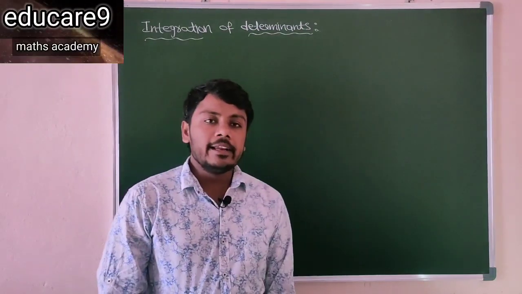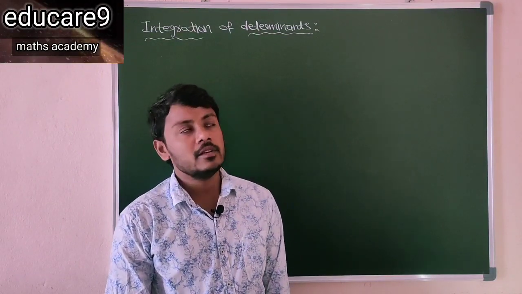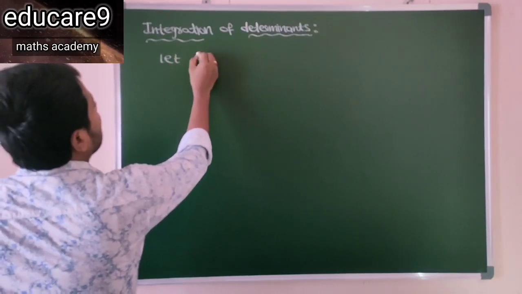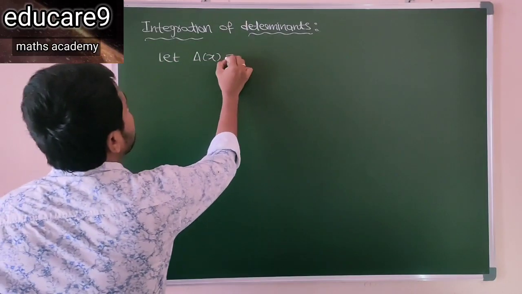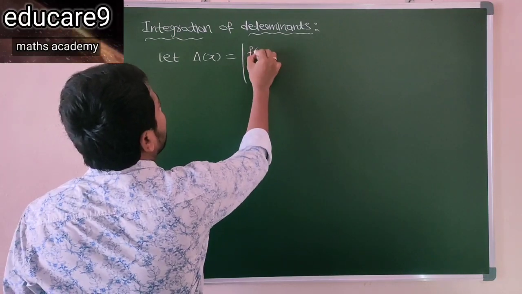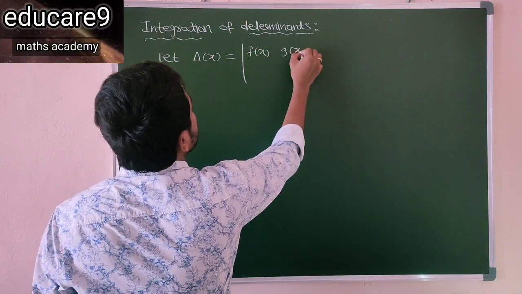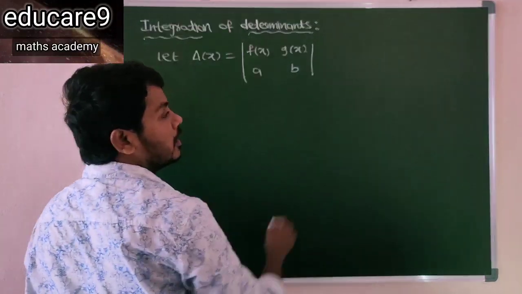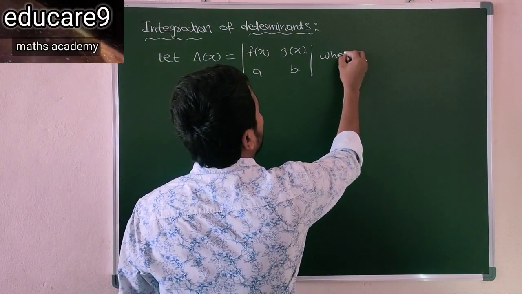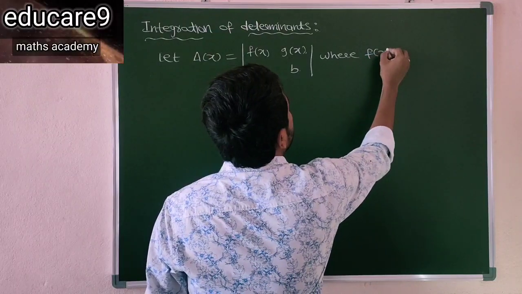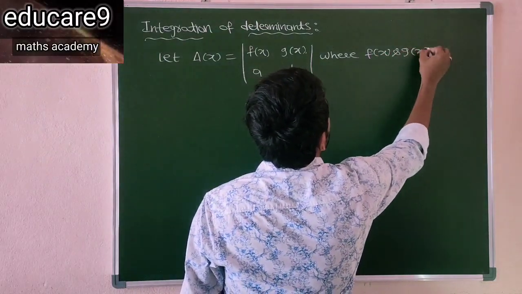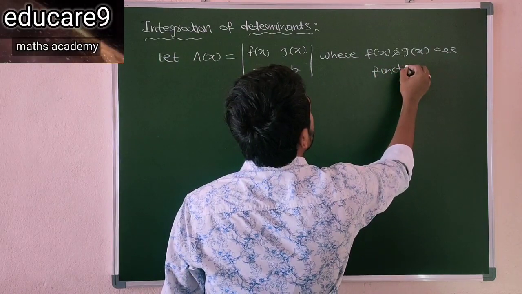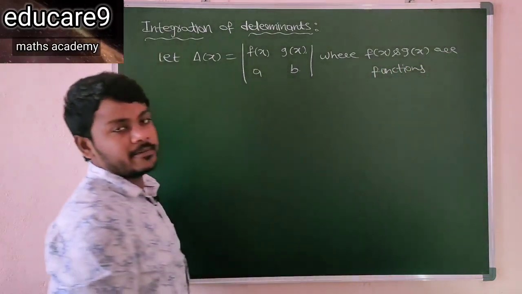So next one, integration of determinants. So here let delta of x be the determinant with f of x, g of x, a and b, where f of x and g of x are functions in terms of x.